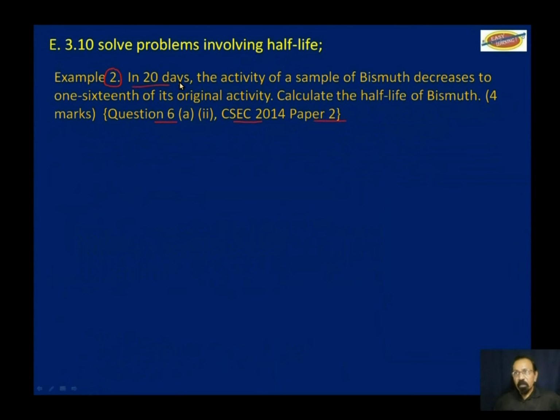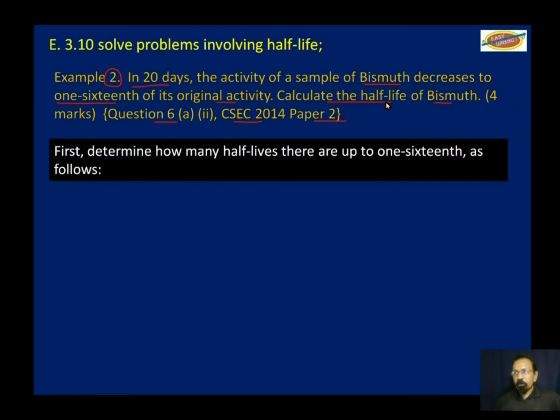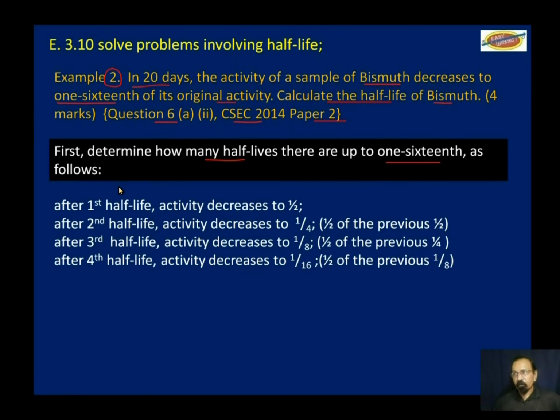In 20 days, the activity of bismuth decreases to 1/16 of its original activity. Calculate the half-life of bismuth. So first, we will determine how many half-lives there are up to 1/16 as follows. After the first half-life, we will get half of the whole amount.